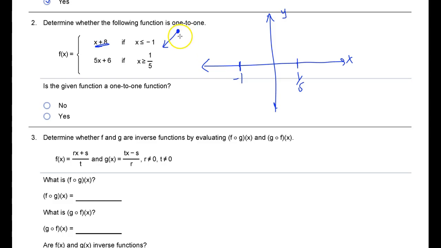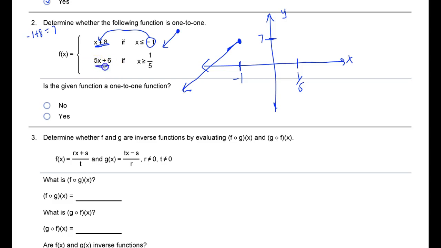And so what we need to do is figure out where this actual point is going to be. To do that, we can just take -1, plug it into our function, and we see that -1 plus 8 would just give us a +7. So let's say here we'll have 7. So our graph is going to look something to the order of this.